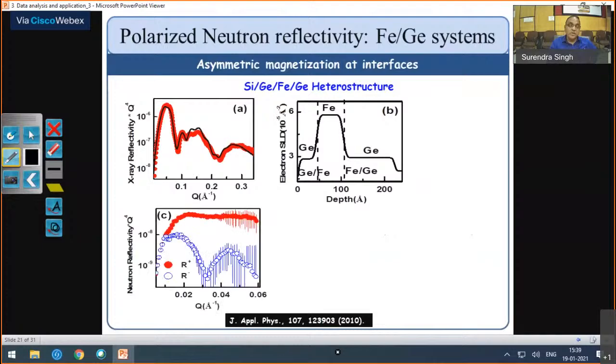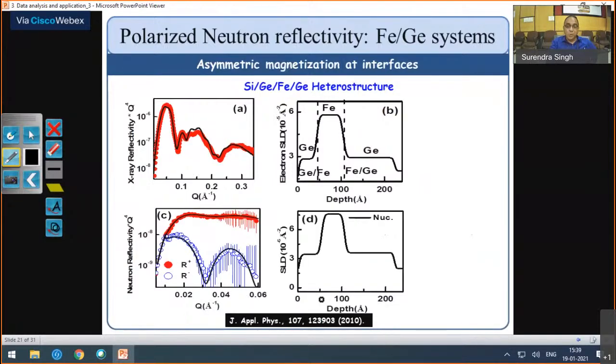But when we did polarized neutron reflectivity, this red one is the spin up reflectivity and this is the spin down reflectivity. Again, I am plotting neutron reflectivity times Q to the power 4. We fit this, and this is the nuclear scattering density. As I said, we get two things: nuclear as well as magnetic scattering density. For nuclear scattering density, we got the same thing as from X-ray reflectivity, but the magnetic scattering density is quite different compared to the nuclear.